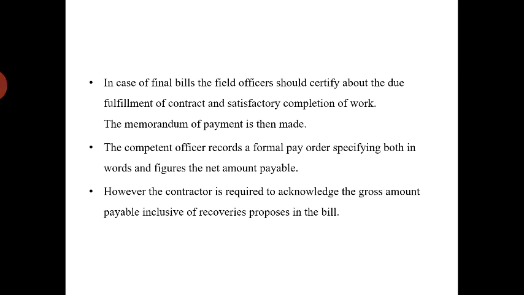However, the contractor is required to acknowledge the gross amount payable inclusive of recoveries proposed in the bill. When he is recommending the final approval of the bills, the section officer has to specify these are the things to be recovered during the sanction of the bills.